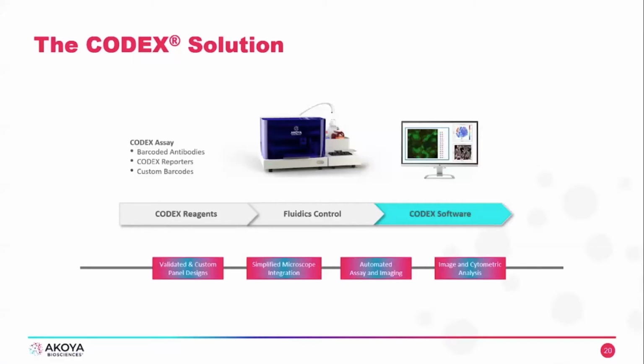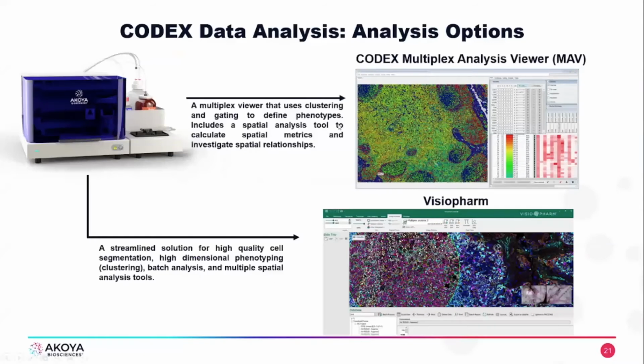So in terms of software, we have the ability to use either Codex Multiplex Analysis Viewer, which is an ImageJ plugin, or we could use Visiopharm. Now, Codex Multiplex Analysis Viewer, or MAV, is a multiplex viewer that uses clustering and gating to define phenotypes and includes a spatial analysis tool to calculate spatial metrics and investigate spatial relationships.